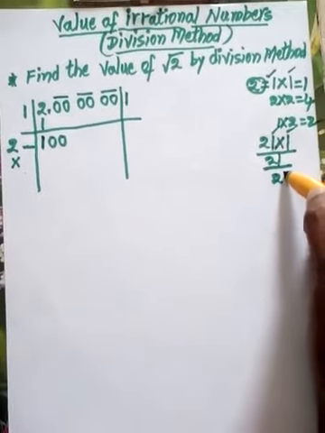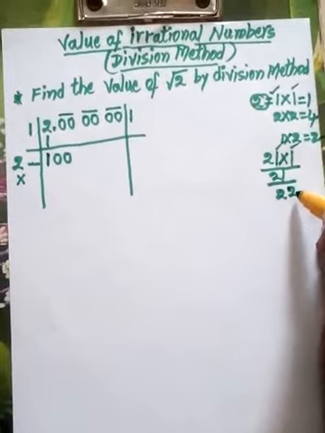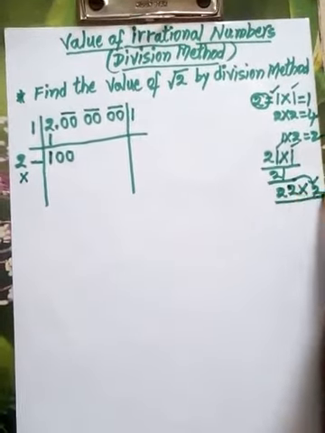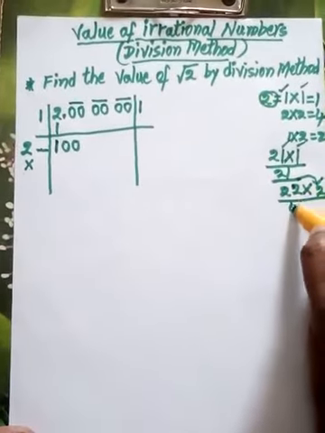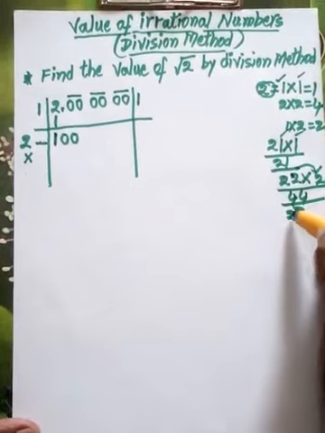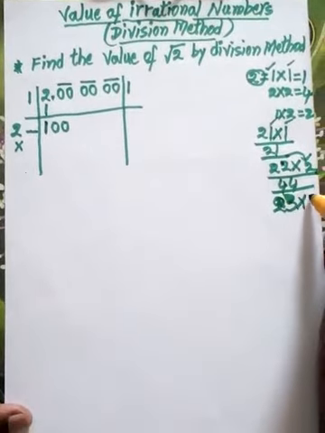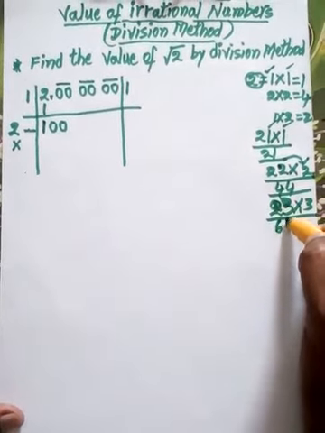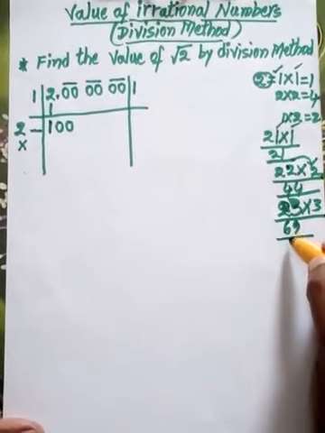Then we write 2 after this 2 and multiply by the same number again, 22 2s are 44. This is also not enough. Let us take 23, and multiply by 3. 23 3s are 69. That is also not sufficient.